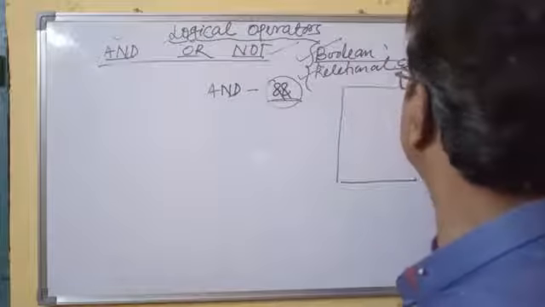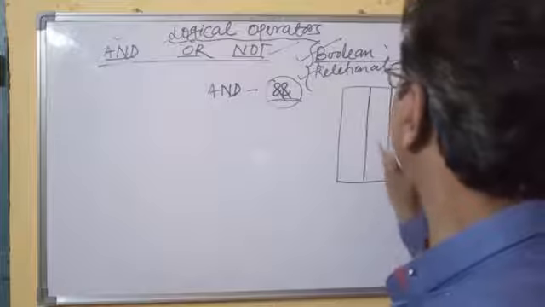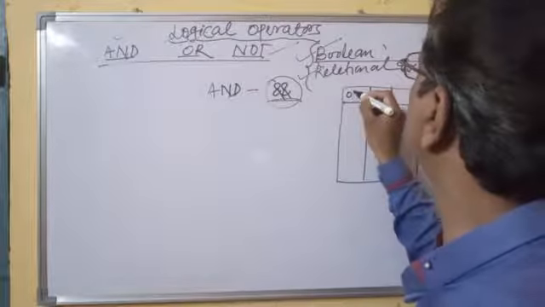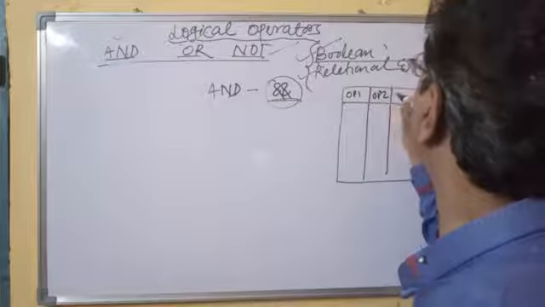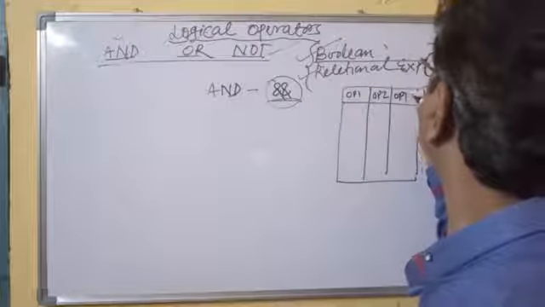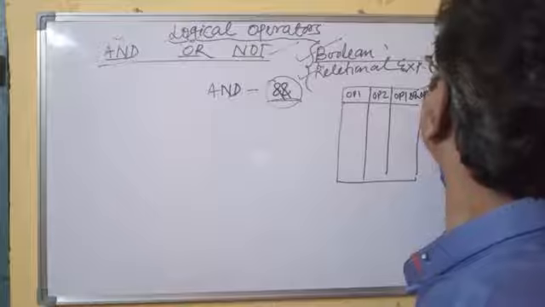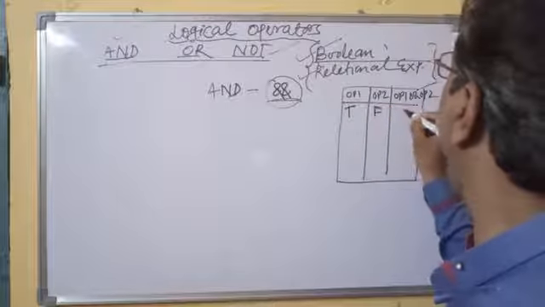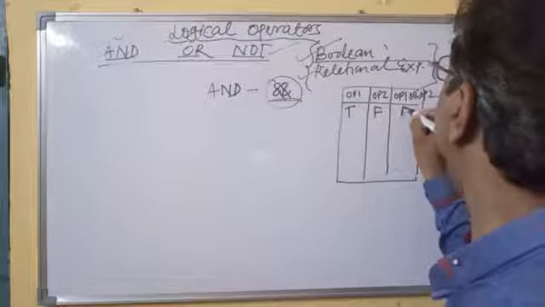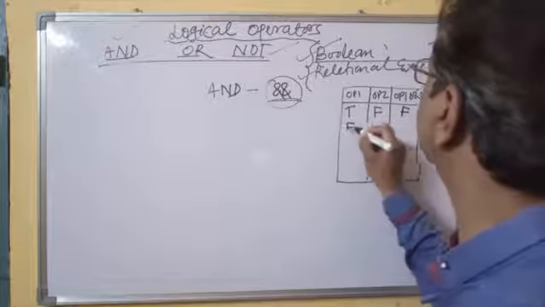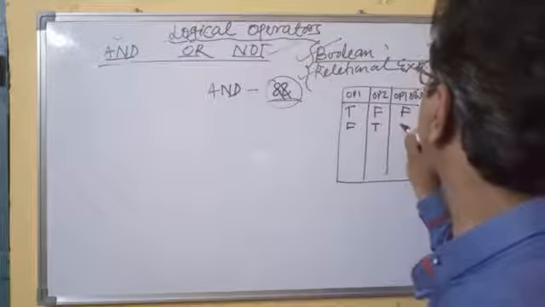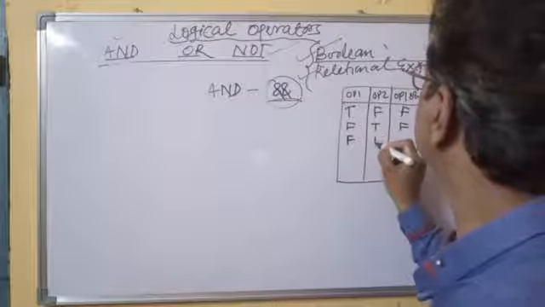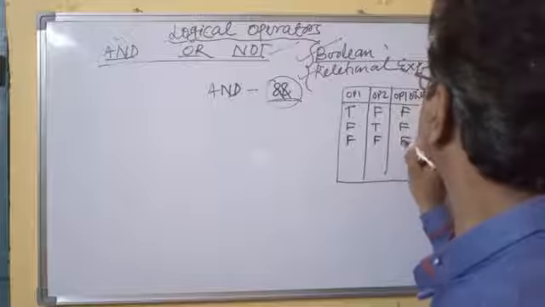First, the AND operator's rule: OP1, OP2, and the answer of OP1 AND OP2. If this one is true and this one false, then the answer is false. If this one is false and this one is true, then the answer is false. If this one is false and this one is also false, then the answer is false.